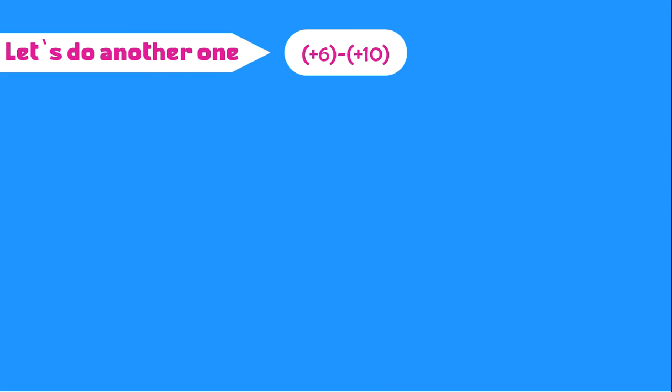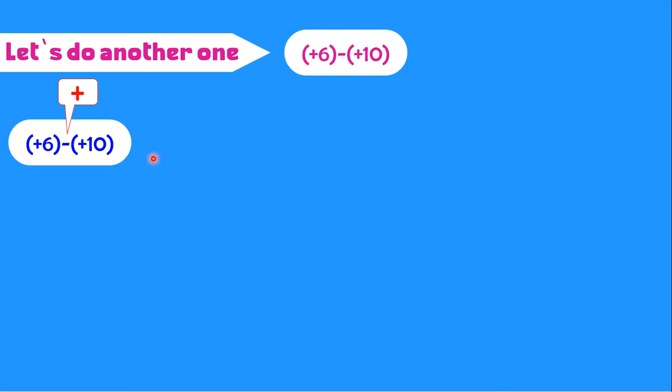Let's do another one. We have here plus 6 subtracted by plus 10. So here we have to convert the negative sign to be positive, and then we have to find the opposite of this.